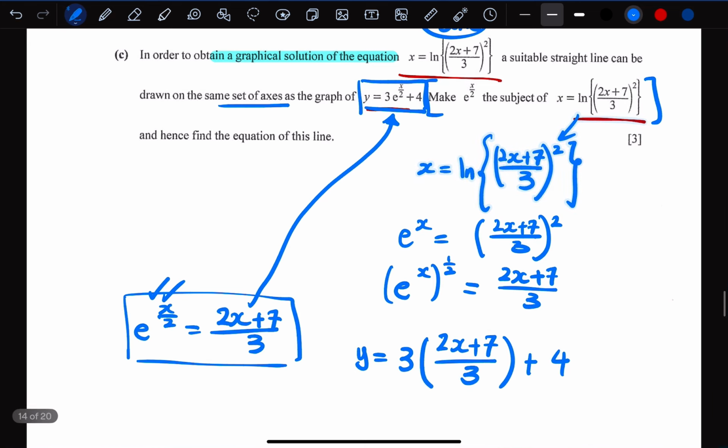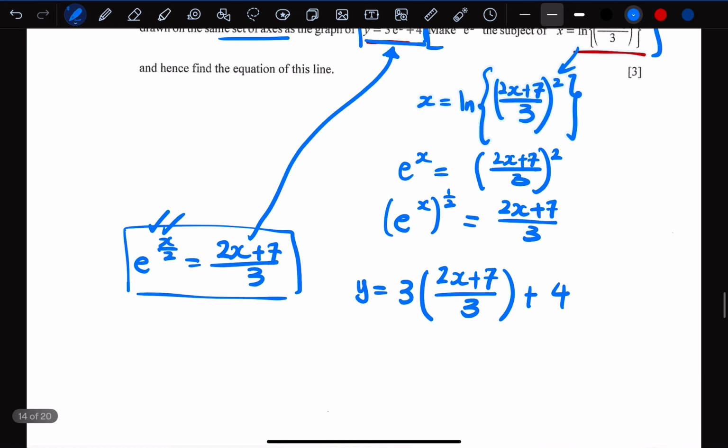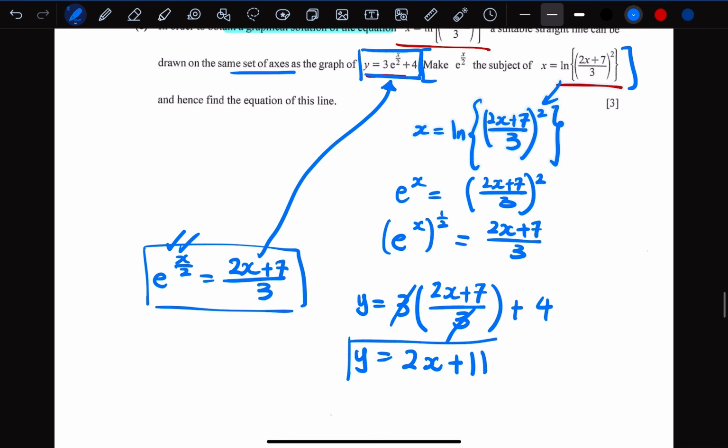Because now we find the exponent, we're just going to use it to put into this graph. And we're just going to simplify this. You're just going to get your equation to be y equals 2x plus 11. And this is the equation of the straight line that they want you to find.